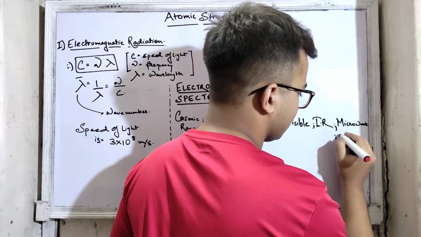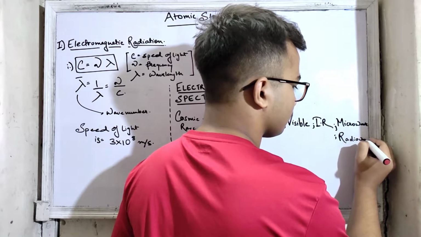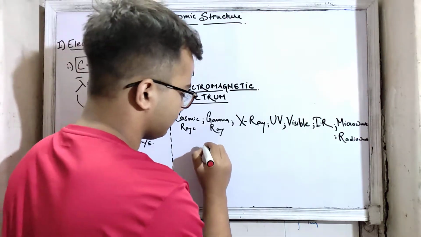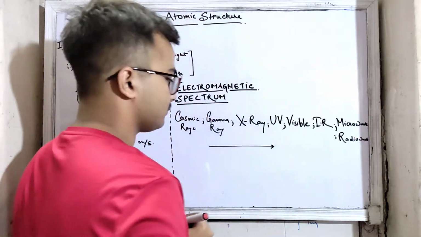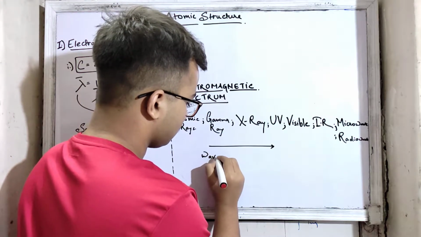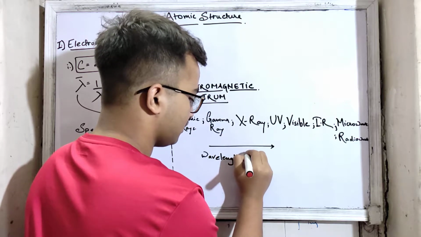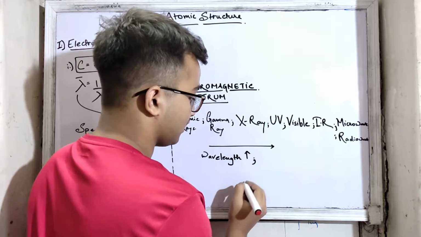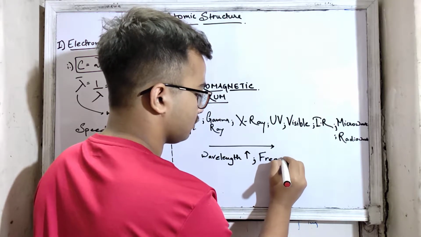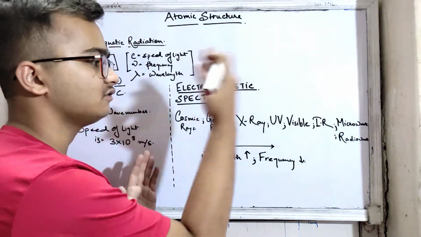I am giving an arrow from this side to that side: the wavelength increases and frequency decreases as they go from this side to that side.